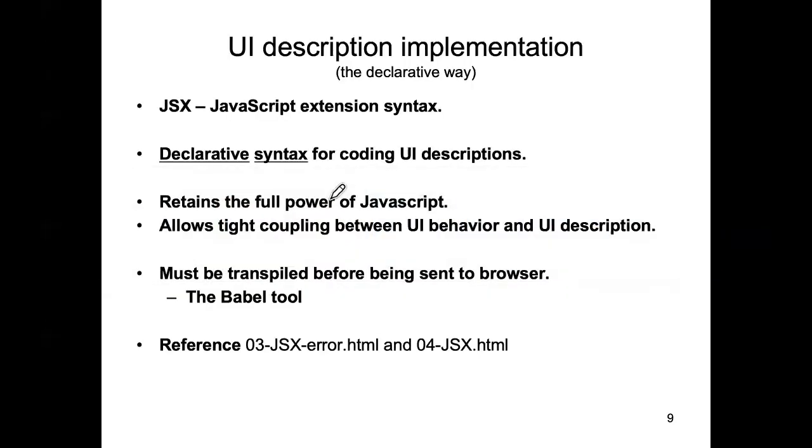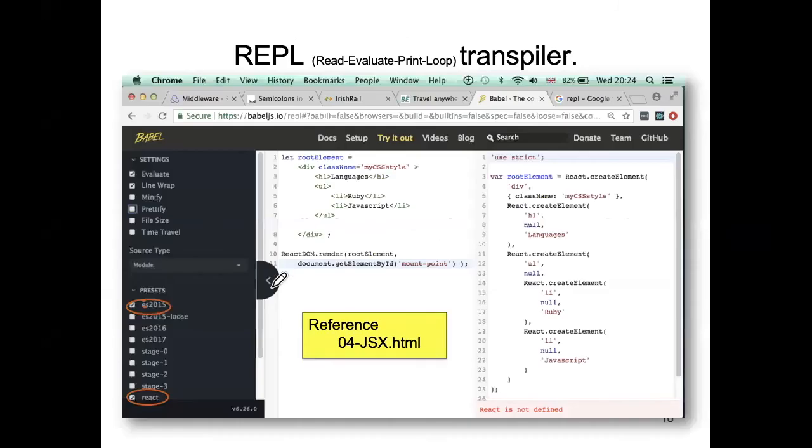So where does that leave us? We need to use the Babel tool to do that for us. Now, because we're only beginners, we could actually go to this website, babeljs.io. And what it would allow us to do is to paste in our code on the left-hand side, our JSX code, mixed with some JavaScript, and it'll generate the corresponding imperative representation of that.